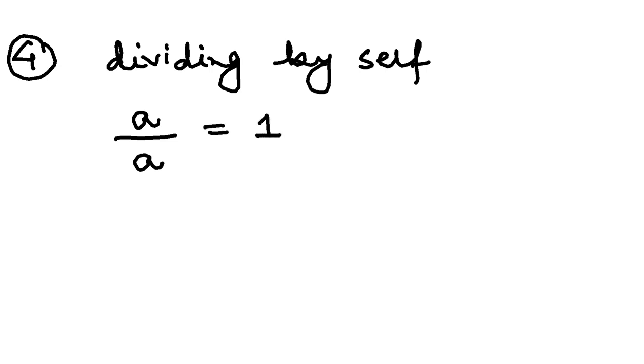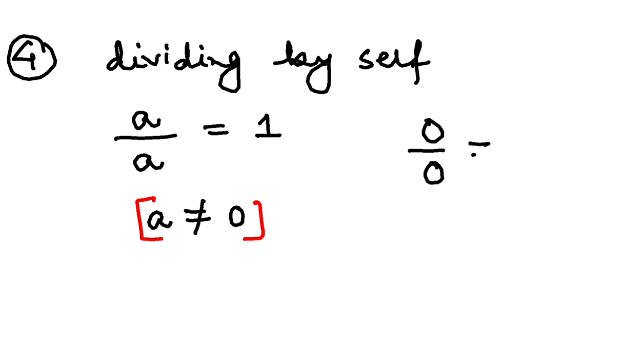However, there is a condition here. This a cannot be 0. Why is this condition necessary? Because if a is 0, I will have 0 by 0, and 0 by 0 is not always 1. This is important. a by a is equal to 1 as long as a is not equal to 0. This is property 4.